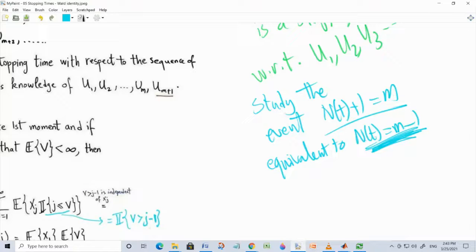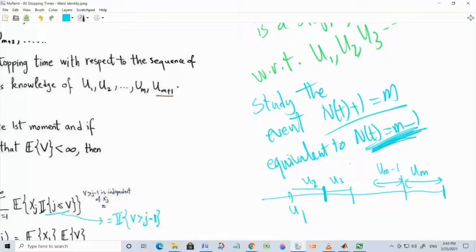This statement tells you that the number of arrivals at time t is exactly m minus 1. So if I give you u1, u2, u3, and then up to u of m minus 1, and then u of m, so those are the m inter-arrival times, how can you check that N of t is equal to m minus 1?